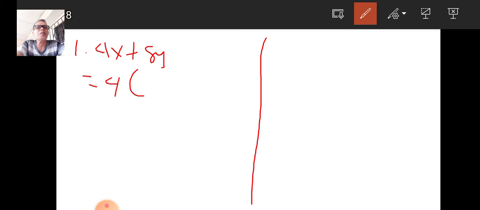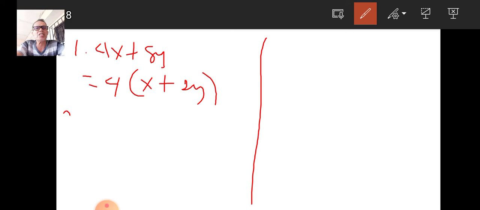So 4x divided by 4, you will have x, plus 8y divided by 4, you will have 2y. So therefore, the factors of 4x plus 8y is equal to 4 times the quantity x plus 2y.